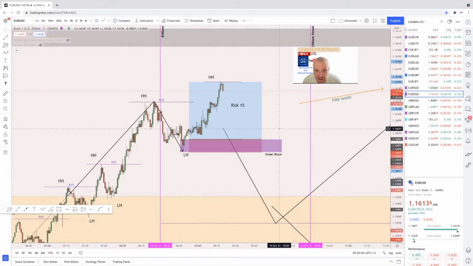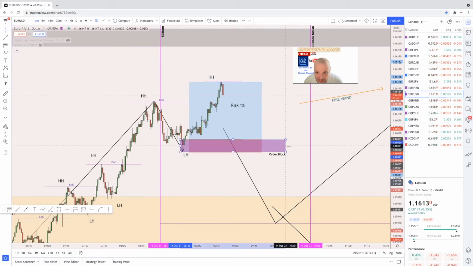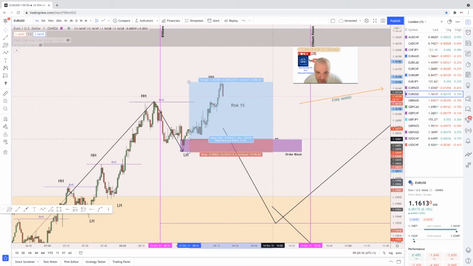So there's our pullback initiating now. So that is now definitely our higher high. We're getting the return coming back in to possibly the order block area. 1 to 4.